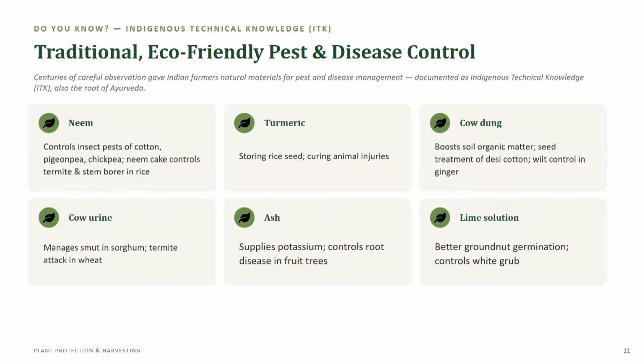Before this invention, humans used neem, turmeric, cow dung, cow urine, ash and lime solution for the control of pests. Their use does not cause harm to our environment or the human body. However, their effectiveness may vary, but they are very environmentally friendly in nature.